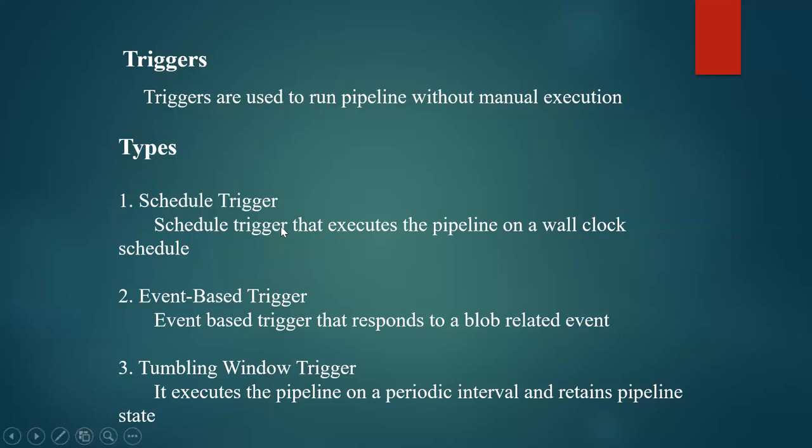One more thing, if you want to run the pipeline every 1 month, not on a daily basis, not on a weekly basis, you want to run on a monthly basis, that is also possible. Okay. So basically to run this pipeline every 1 hour, or every 1 day, or every 1 week, or every 1 month, it works like an alarm. So in such scenarios, you can use a schedule trigger.